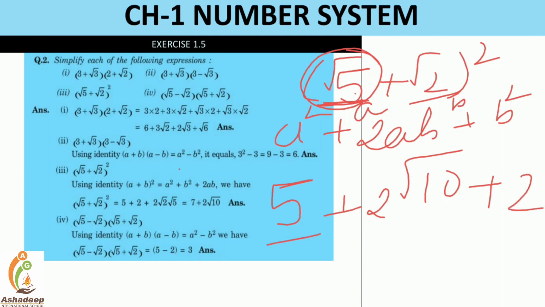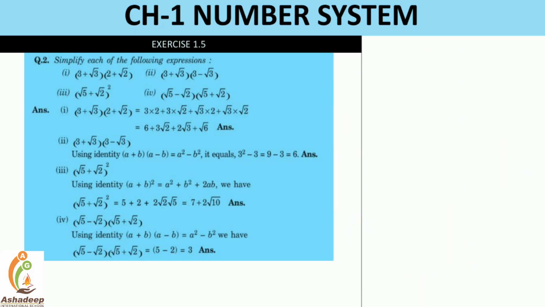We can add 5 and 2, which is 7. So the answer is 7 plus 2 square root of 10, right? Easy sums, right? You just need to know the properties. That's it.